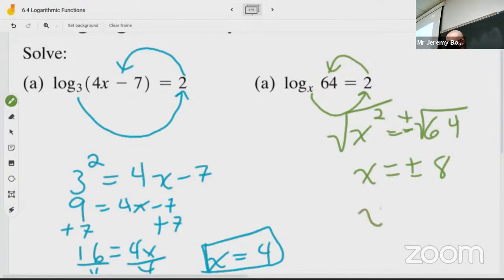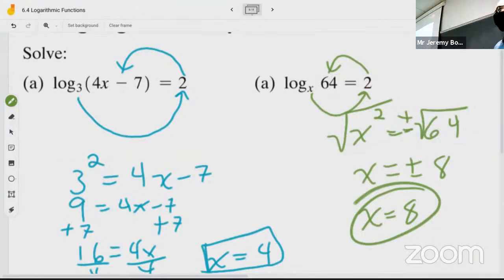So the only solution for this is going to be x is equal to 8. Any questions on that? No. All right.